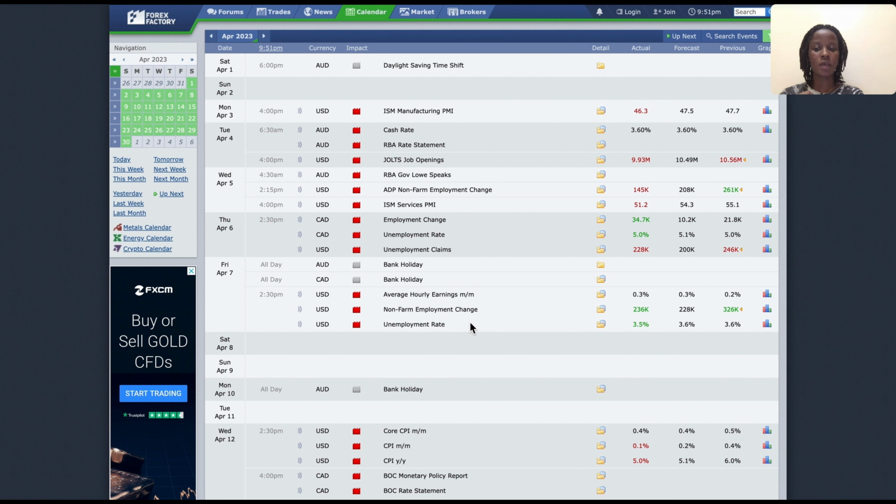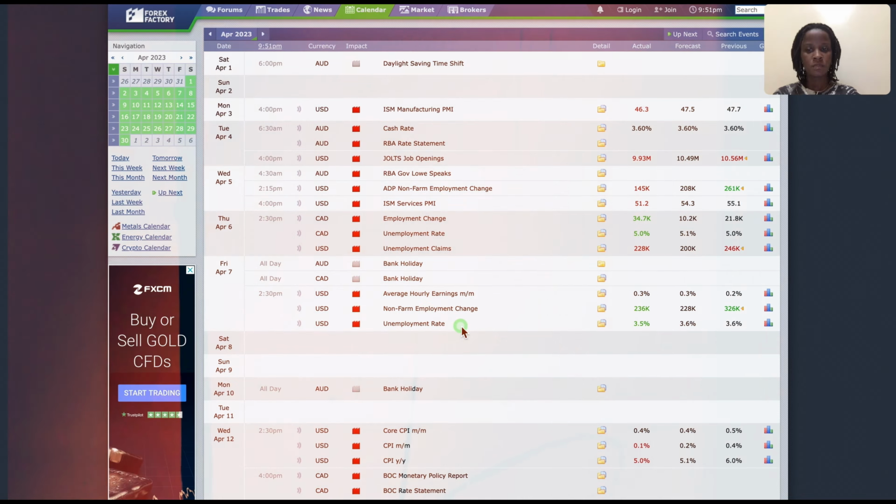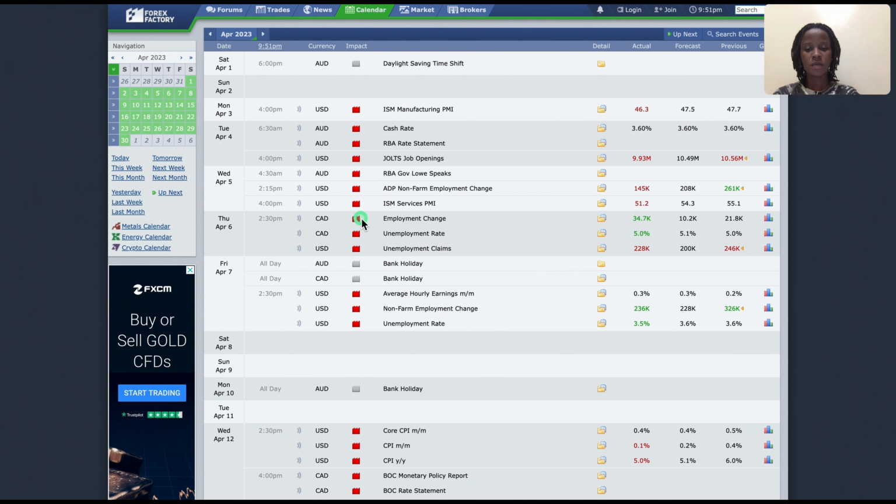So let's go here on the calendar and see which days we are going to stay out of the market and which days we'll actually trade. I always say that I choose to stay away from the market on the first Friday of the month.